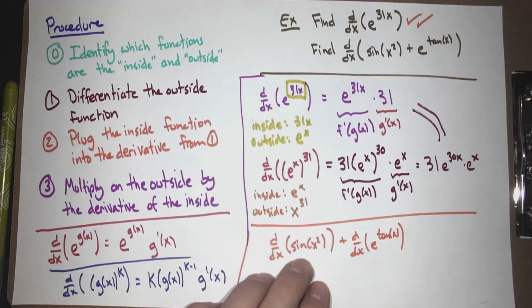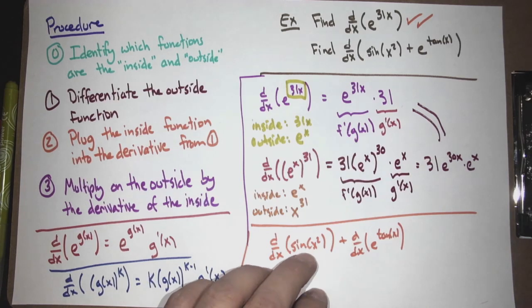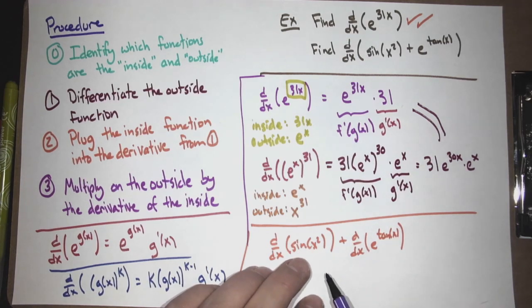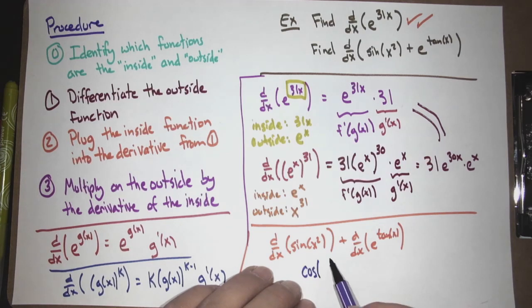Yes, sine. What's the inside? X squared. So when we take the derivative, what are we going to get? Derivative of the outside? Cosine. What goes into the cosine? X squared. Anything else? Times the derivative of the inside, 2x.